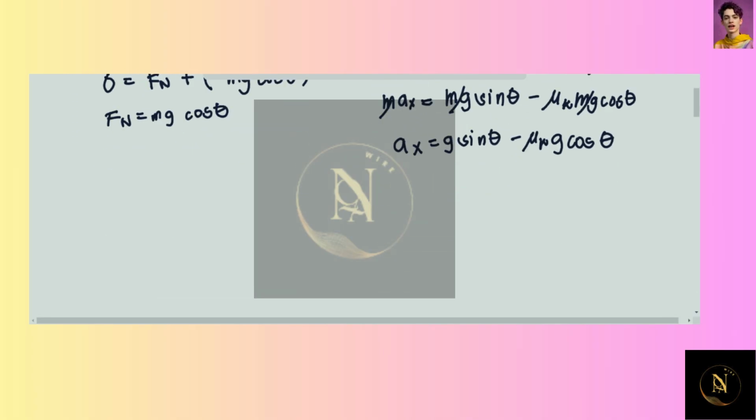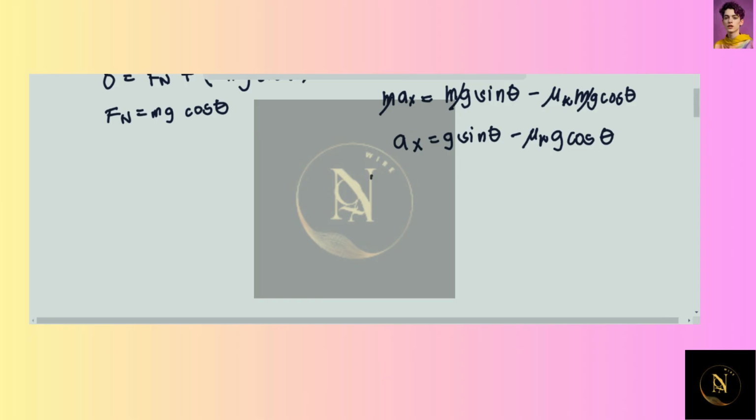Inserting the given values, we have a sub x equal to the acceleration due to gravity, which is 10 meter per second squared for this problem, given the angle of inclination, which is 30 degrees, the coefficient of friction, 1 over 2 square root of 3, the acceleration due to gravity, and cosine 30 degrees.